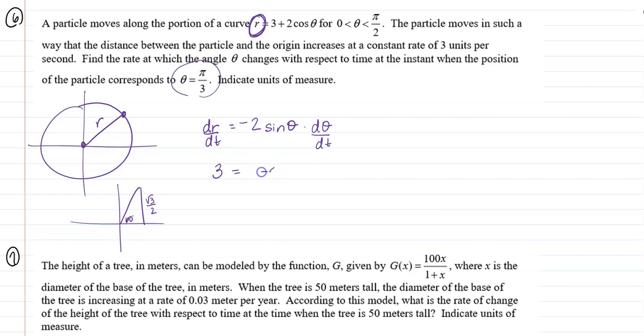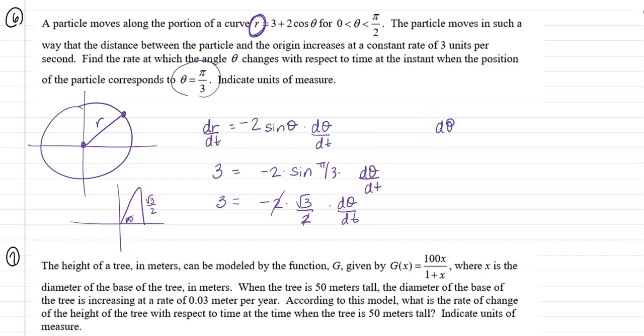So 3 equals negative 2 times sine of the angle, pi over 3. And we still have to find d theta/dt. That's the question. Pi over 3 is a 60-degree reference, and the sine of pi over 3 is going to be root 3 over 2. So my 2's will cancel out.